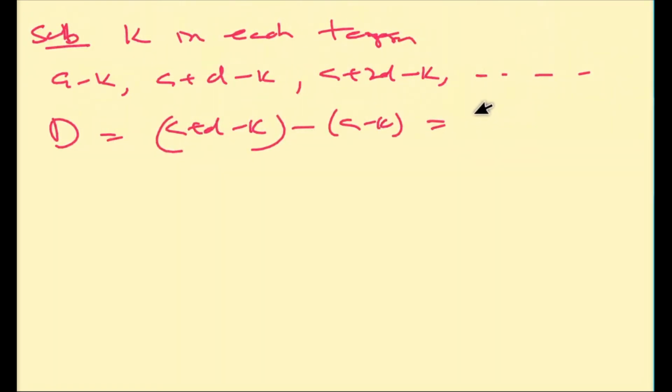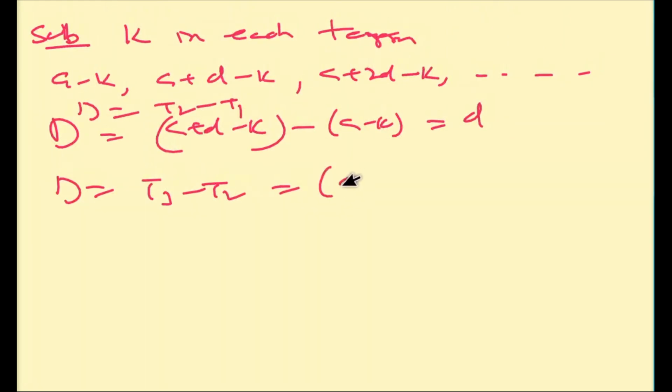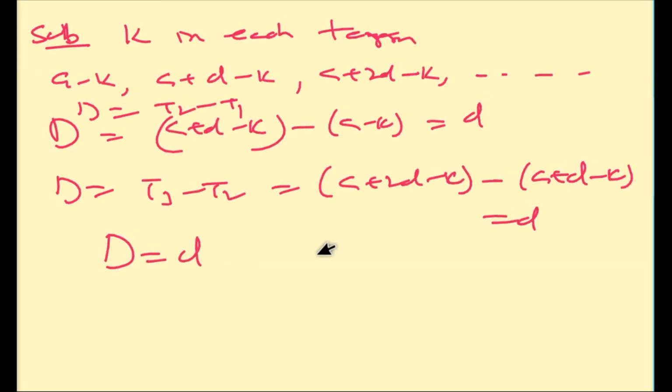Again we get d. And for t3 minus t2, we get a plus 2d minus k minus a plus d minus k. k is cancelled, a is cancelled, and one d is left. So again the common difference has no change, and it is also an AP.